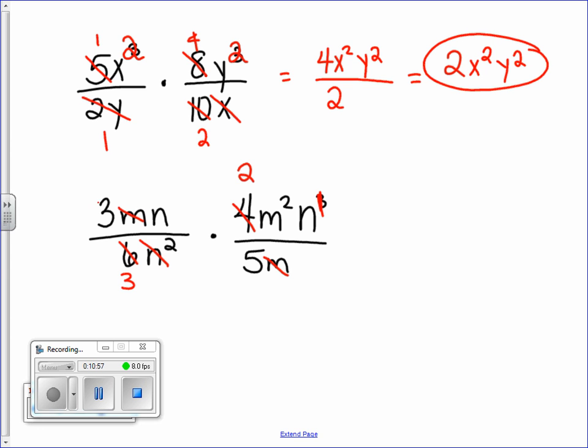Yeah. If I don't cancel them out, then what do I have to do to my answer? You have to reduce your answer. You'll end up with like, what, 6 over 15, both divisible by 3. So you have to reduce your answer. So I'm going to end up with 2 m squared n squared over 5.